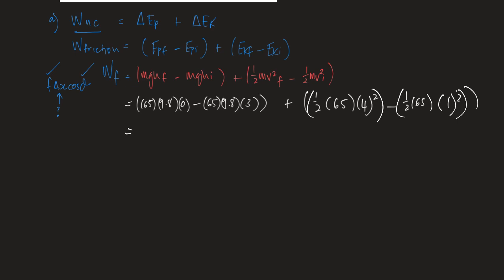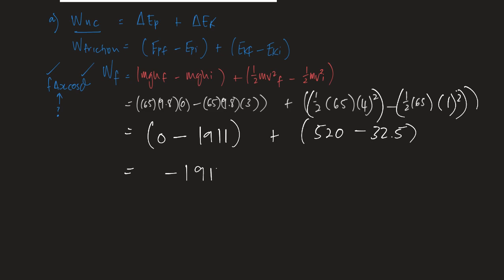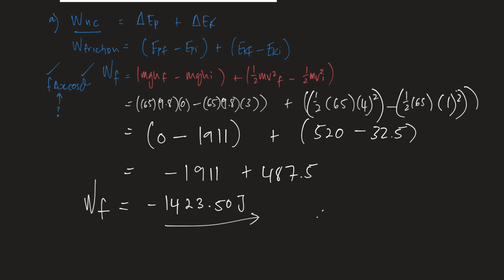All I'm left with here is 0 minus 1911 plus 520 minus 32.5, which is negative 1911 plus 487.5, and that gives me work done by friction of negative 1423.50 joules.